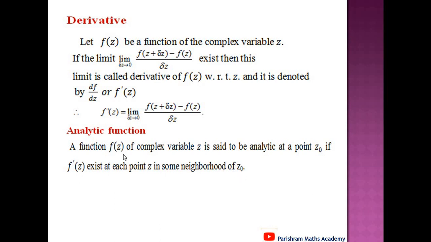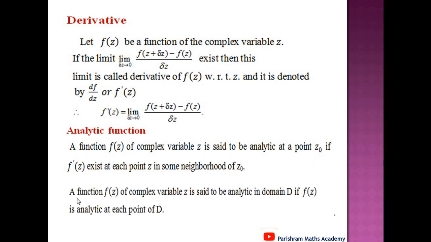Then the function f of z is called analytic at point z equal to z naught. Therefore a function f of z of complex variable z is said to be analytic in domain capital D if the function f of z is analytic at each point of D. If at every point of D function f of z is analytic, then f of z is analytic in domain capital D.